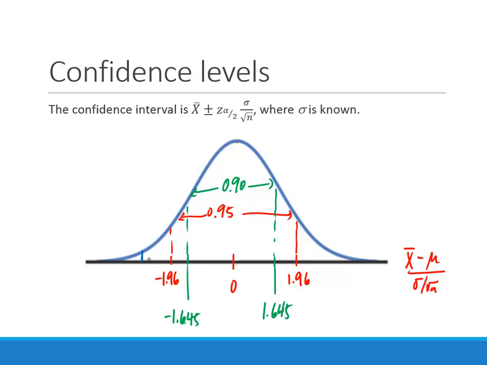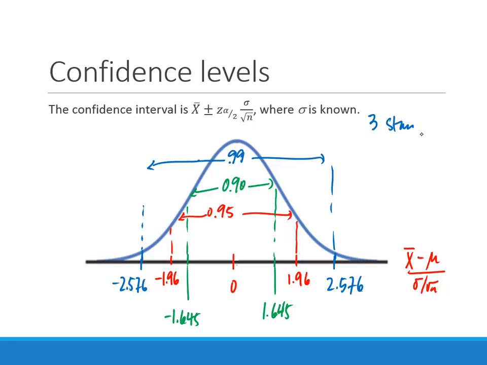If I go all the way out to here and capture 99%, the critical value will be 2.576 and negative 2.576. So I have three standard confidence levels, and those are 90%, 95%, and 99%.